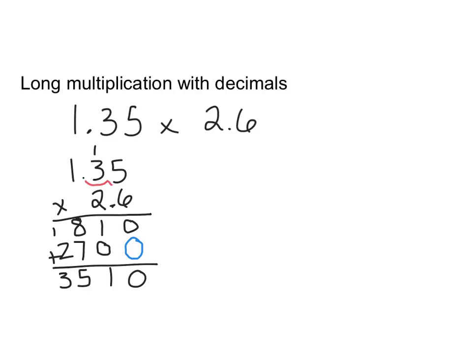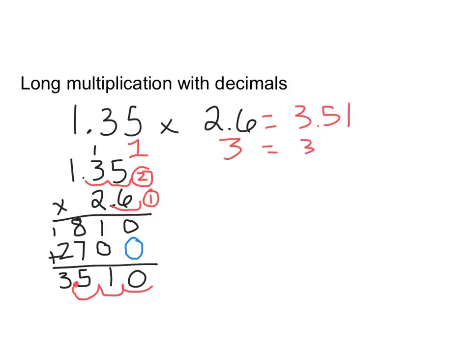And since it moved 2 spots on the first number and 1 spot on the second number, it's going to move 3 spots in my final answer. And then I'm just going to look, and in my head, I'm going to do my estimating. I'm going to see, does that seem about right? Does something that's 3 times something that's 1 give me something that's about 3? Yes, it does. Great.